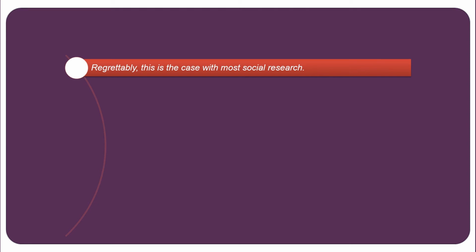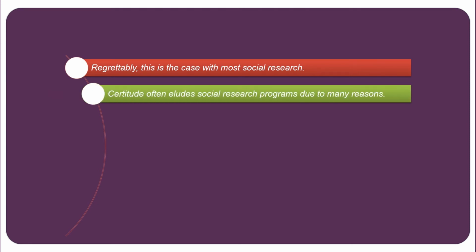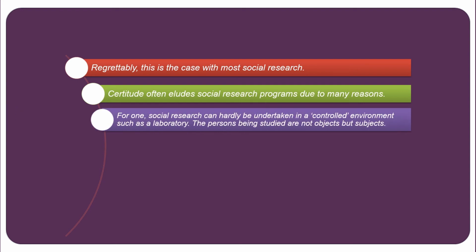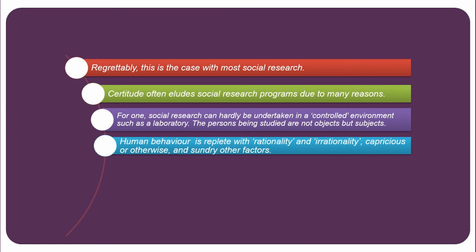Regrettably, this is the case with most social research. Certitude often eludes the social research program due to many reasons. For one, social research can hardly be undertaken in a controlled environment such as a laboratory. The persons being studied are not objects but subjects. Human behavior is replete with rationality and irrationality, capricious or otherwise, and sundry are the factors.